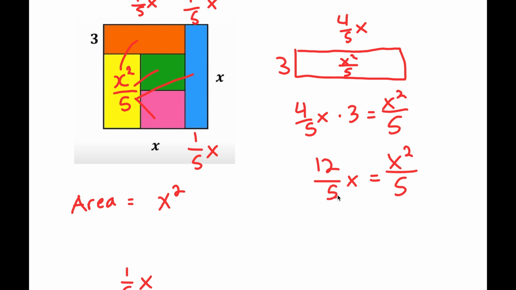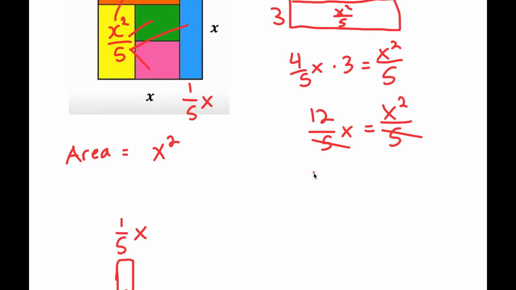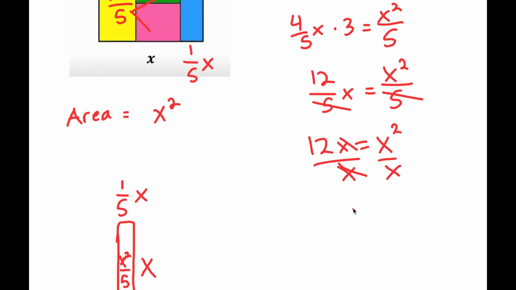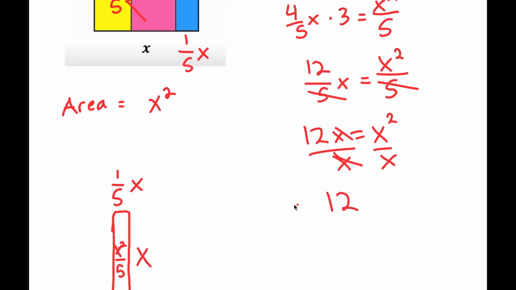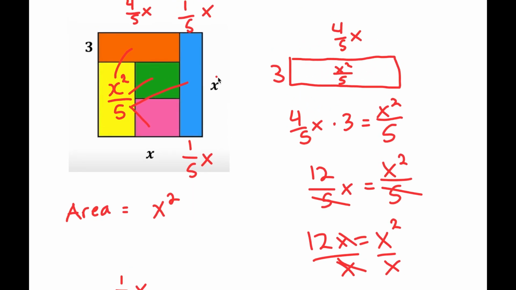Meaning that if I multiply both sides by 5, I get 12x is equal to x squared, and if I divide both sides by x, I get 12 is equal to x, or x equals 12. So the value of x is 12.